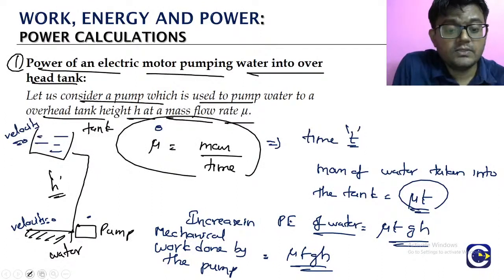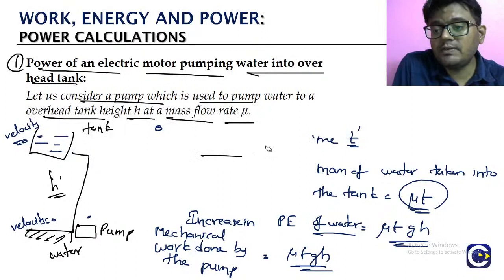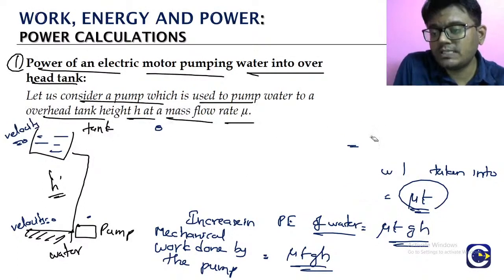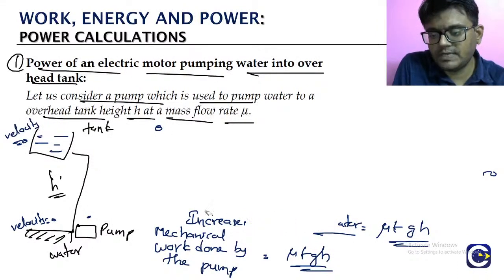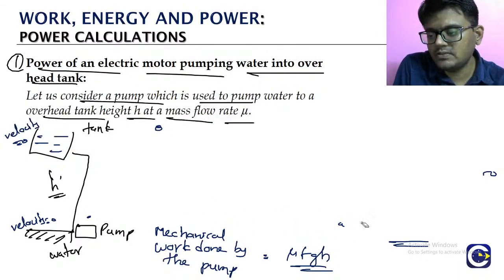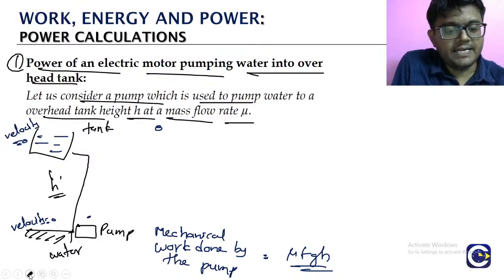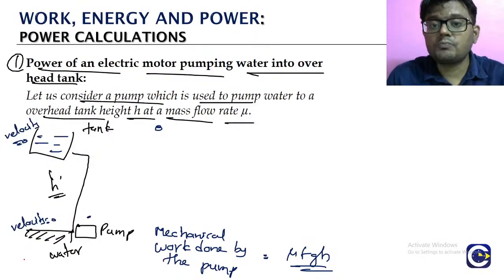That's it. So we need to find what? The power. Power will be what in this case? Whatever is the work done by the time taken. Power is what? Work done by the time taken, right? This power is also what we call the output power.